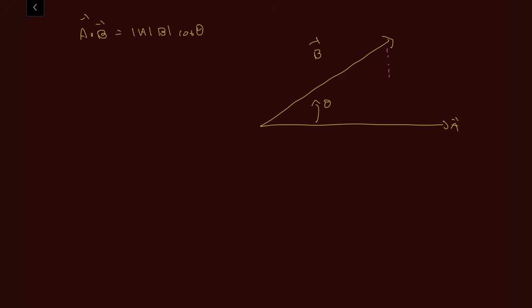So here are two vectors, A and B. Now, this part here is B cosine theta.